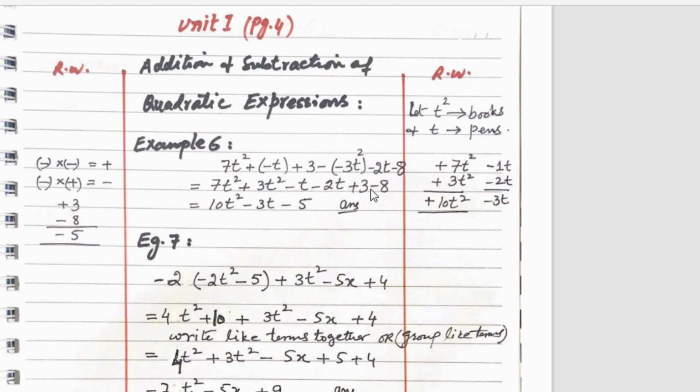A bit bigger term, a bit long process, but practice makes a man perfect. Keeping this in mind, I am giving you a lot of practice and a lot of examples. Now look at this so that you can be a perfect or a good student.